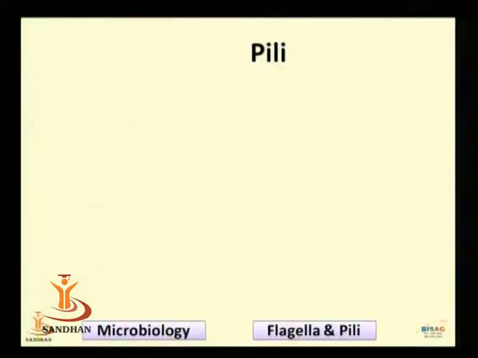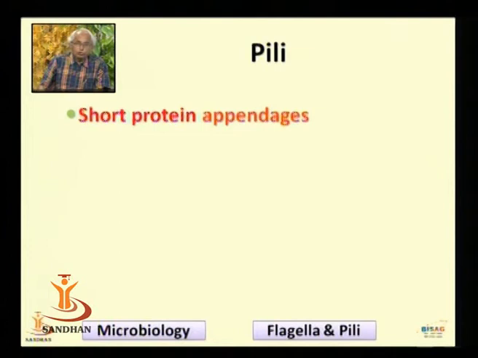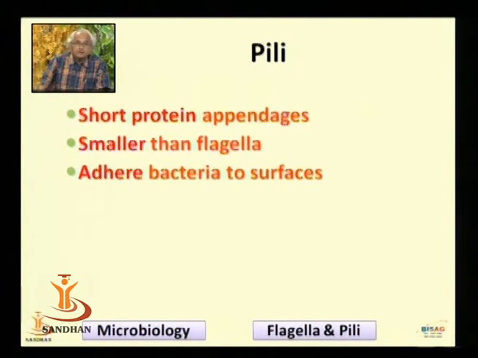Let us now talk about the pili. They are the short appendages which are made up of proteins. They are naturally smaller in size than the flagella. The basic function of pili is that of adherence. We will talk about that later on.